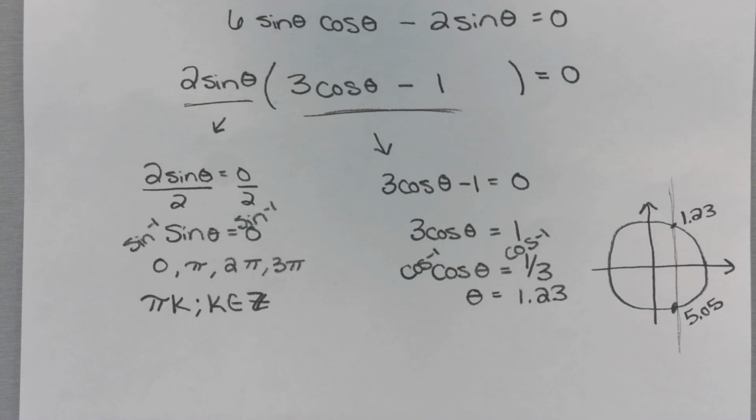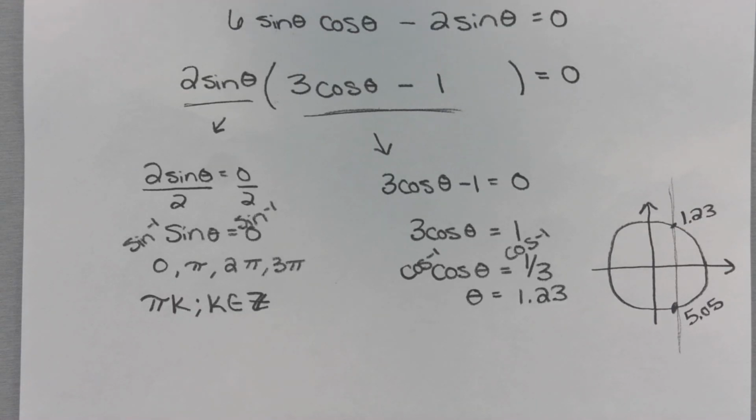That would be lovely if I could, but it doesn't work that way, unfortunately. Do you see how I knew this was 1.23 this way, and this is 1.23 this way? So do you see how it's short of 2 pi by 1.23? So I did 6.28, which is 2 pi minus the 1.23. Good?